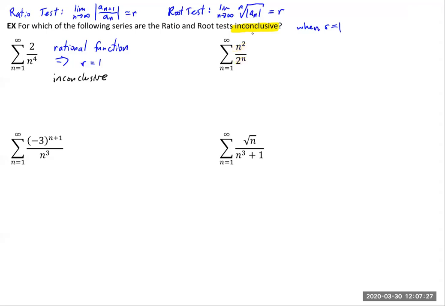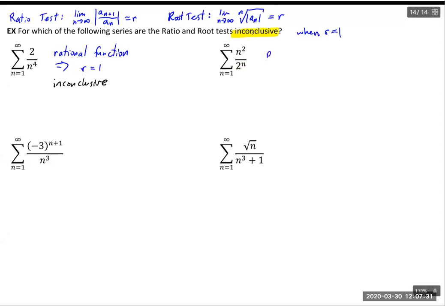Powers mixed with exponentials work great for both tests. Powers, like n squared, as long as they appear together with exponentials, the exponential in this problem being 2 to the n, right?